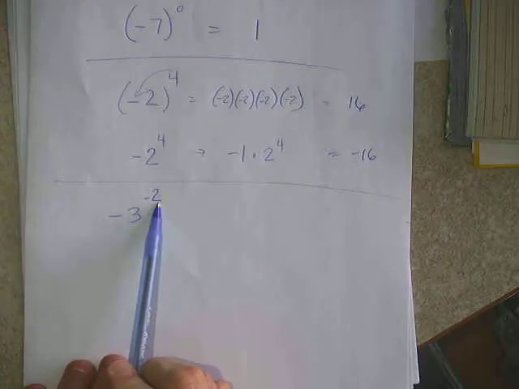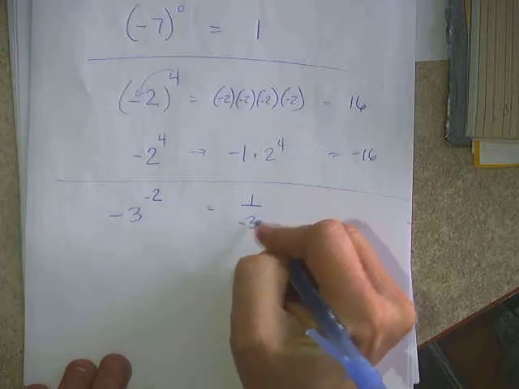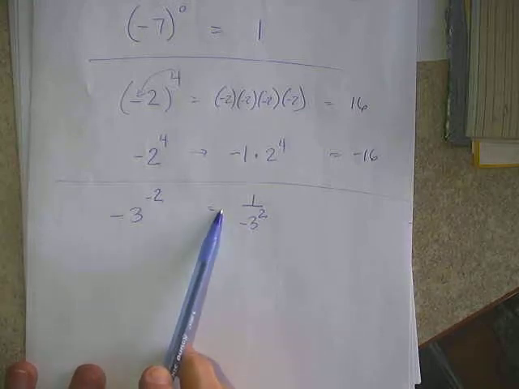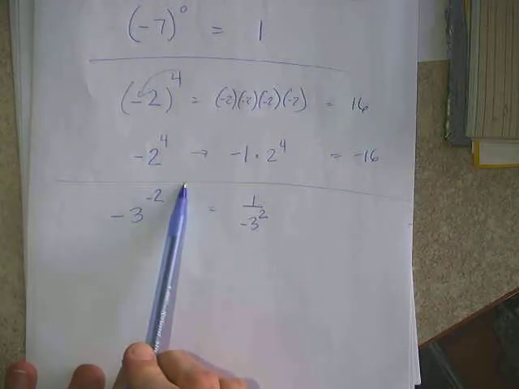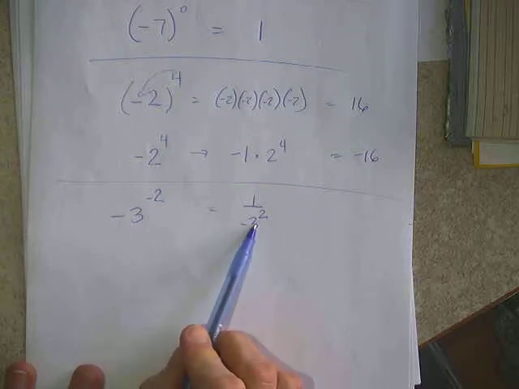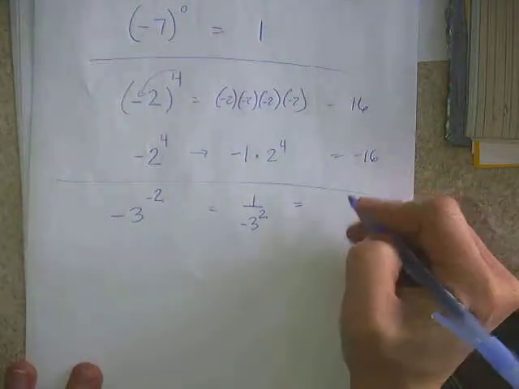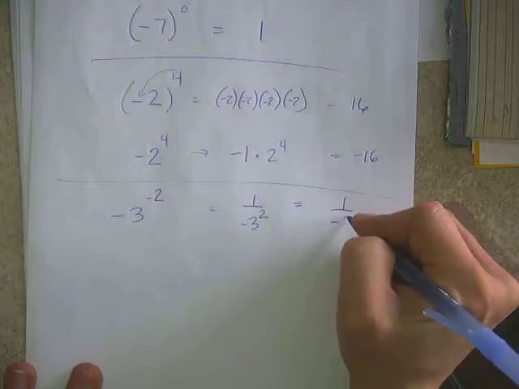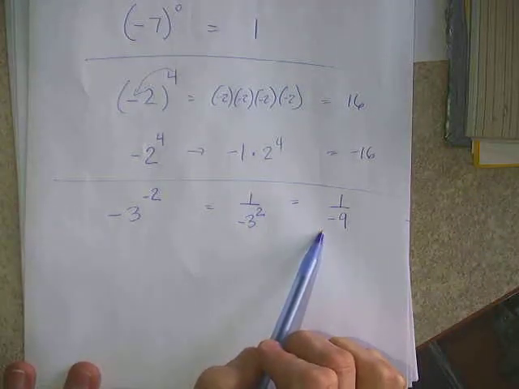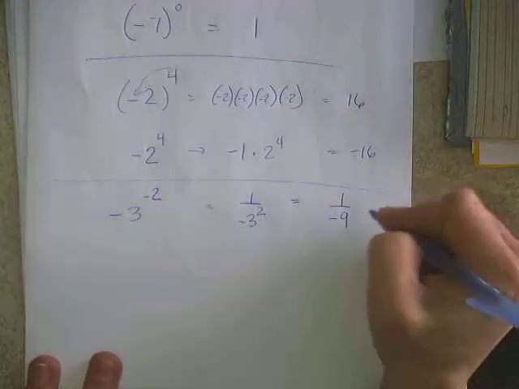All right. So now, let's look at this. Now I've got a negative base and a negative exponent. These two don't cancel each other out. They're totally different things going on. We're going to deal with that first, yes. This would be 1 over -3 squared. Now technically, you could just put that negative out front, because your negative is not going to get squared, right?